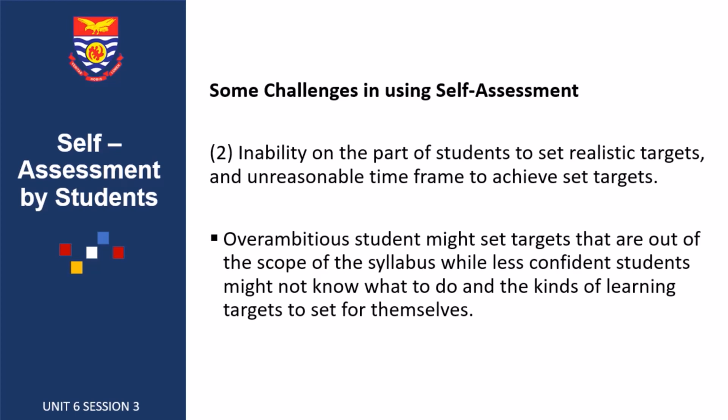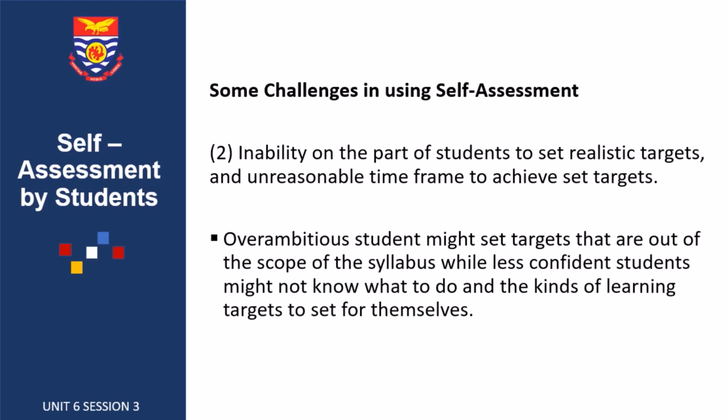Dealing with these two challenges requires that in the initial stages, you as a teacher provide written feedback that models the kinds of things students should look for when assessing their own learning, and possible areas they can explore to deepen their own understanding and the next course of action. As a teacher, before allowing your students to engage in self-assessment, it will be necessary for you to introduce the use of peer assessment in your classroom.